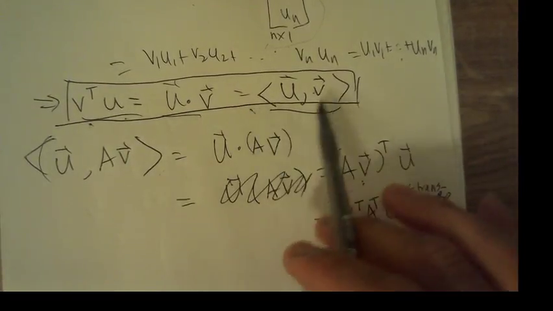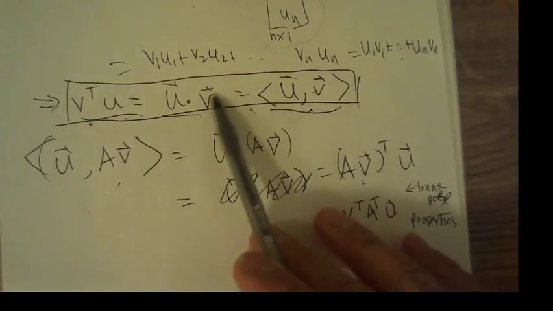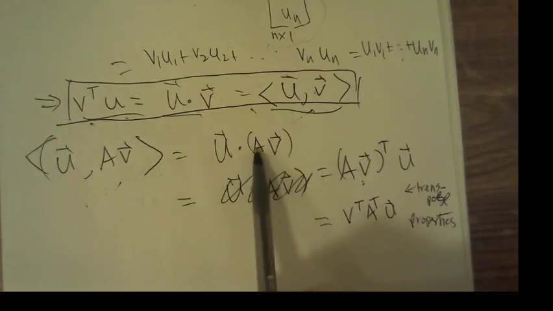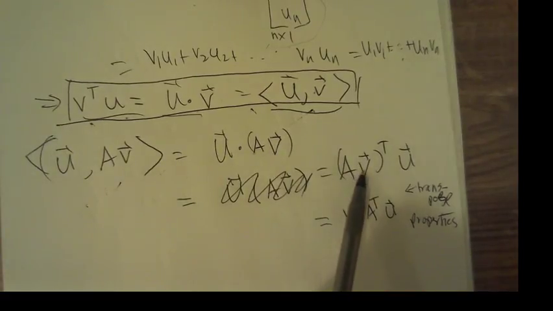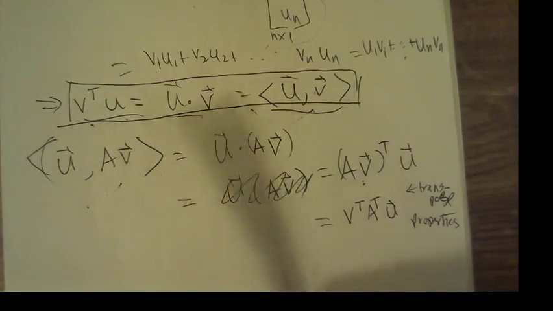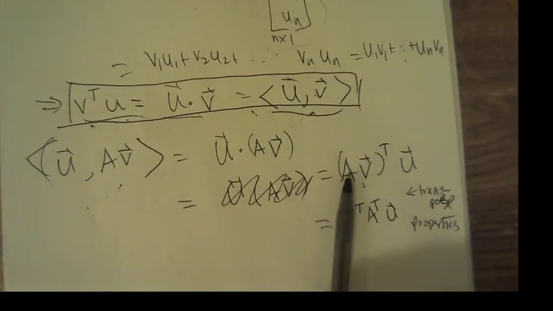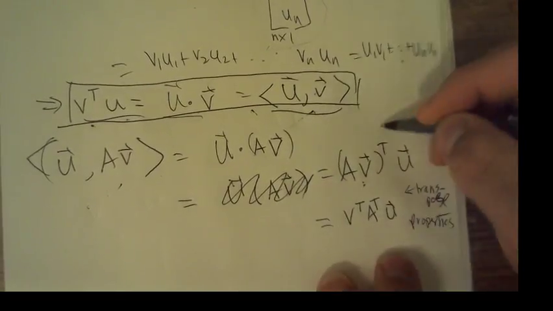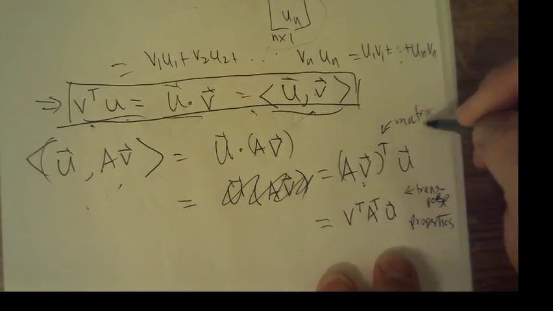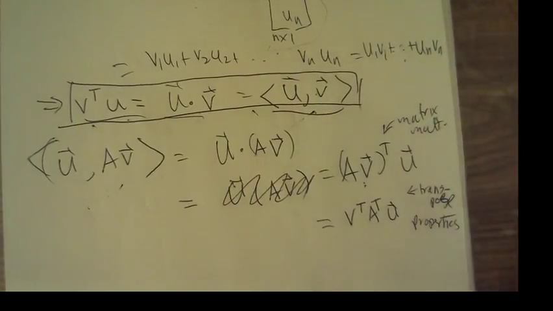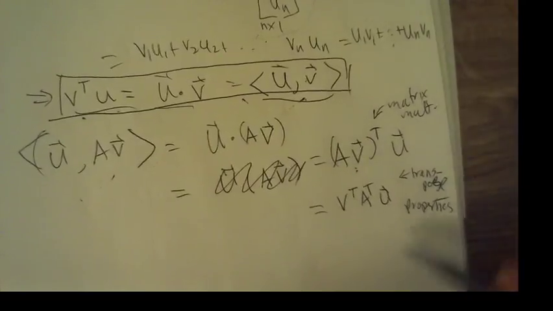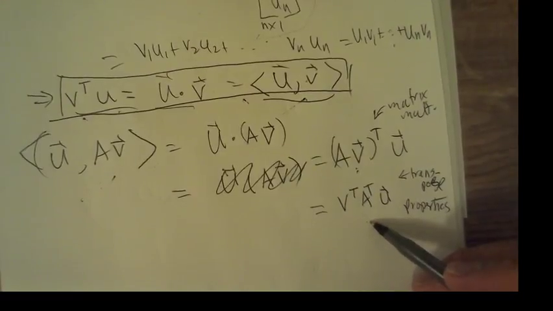Okay, so once I have this here, then I can apply that same logic up here, where it's U dotted with this AV, but I can think of it as the multiplication of the transpose of this product here, AV times U. Again, now we're using matrix multiplication here, and then matrix properties here.